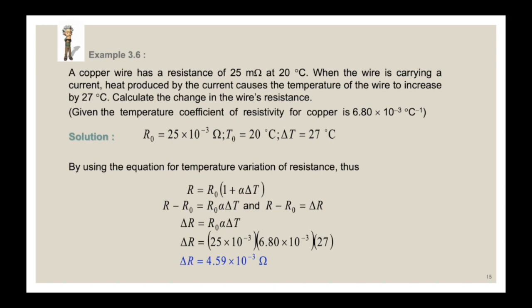So do your maths and then you get 4.6 times 10 to the power of negative 3, oh sorry, 4.6 times 10 to the power of negative 3 ohms. I wanted to say milliohm.